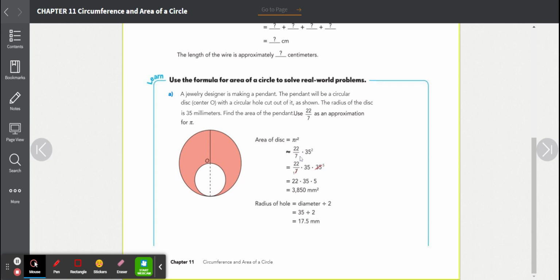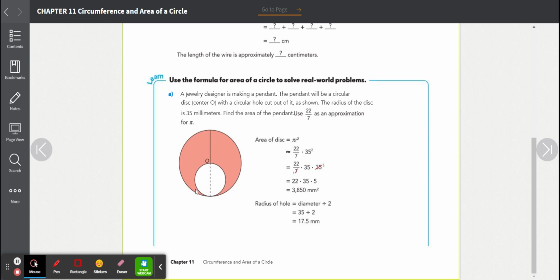So we're going to do 22/7 times 35 squared, which would be 22 times 35 times 35. They're using cross simplification, right? So 7 goes into 35 evenly, which is going to give us 22 times 35 times 5, for the area of the disc being 3,850 millimeters squared.